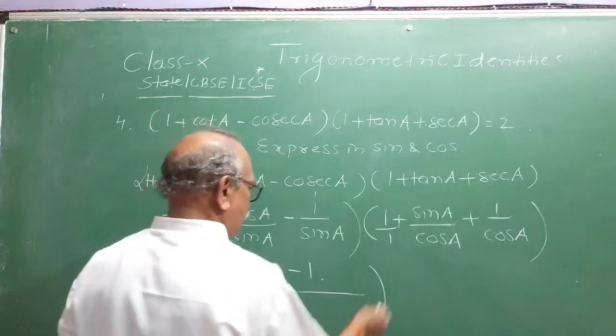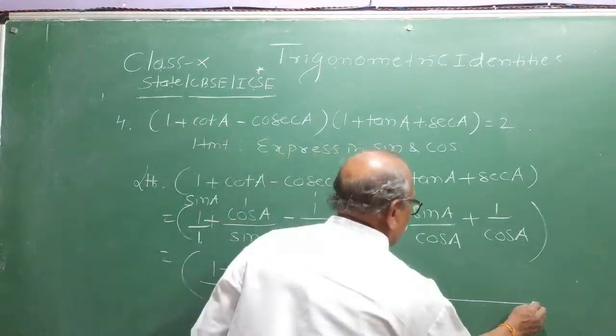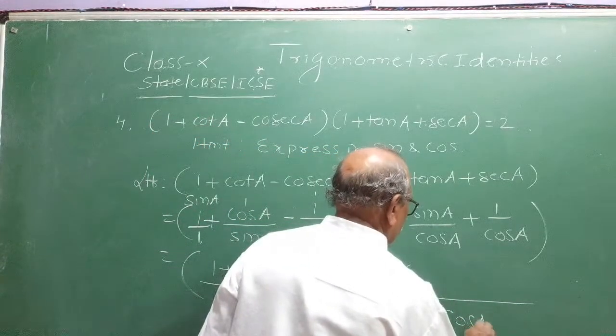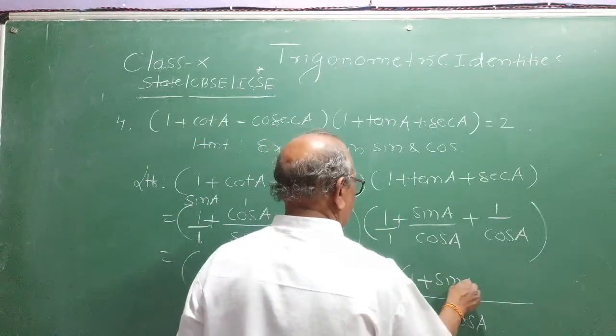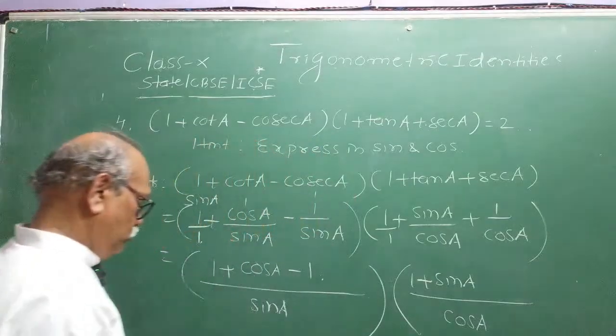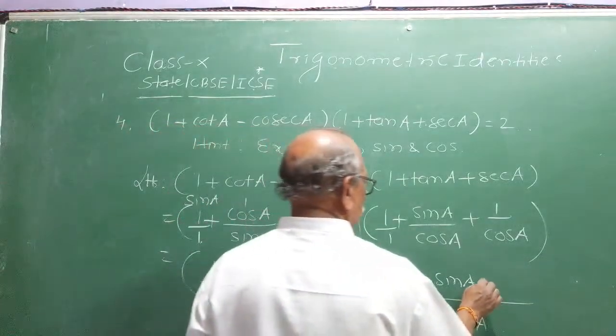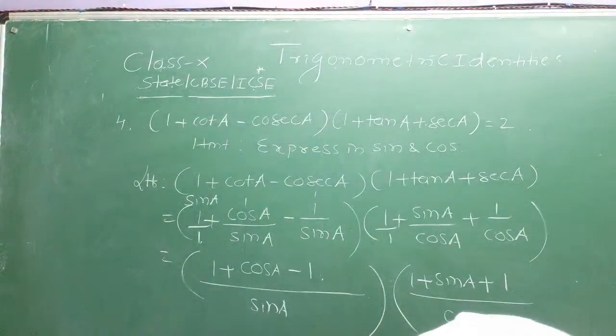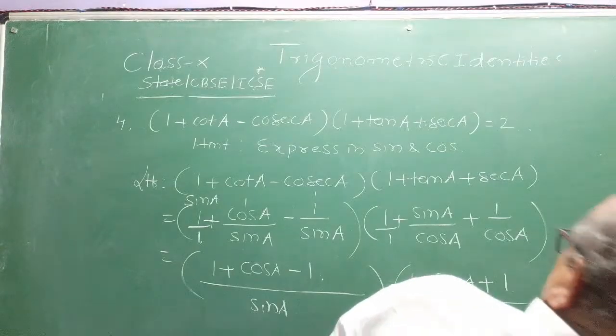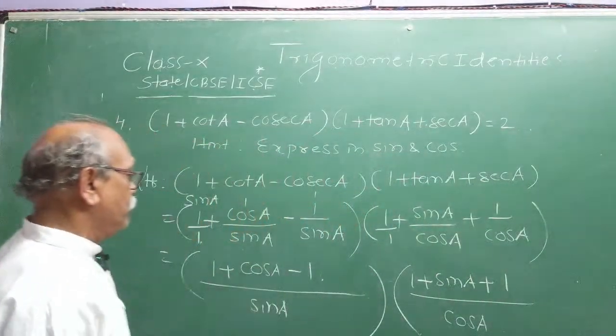Now you take LCM. Again, you will get here cos A. You have here 1 plus sin A plus 1. That is what is given.